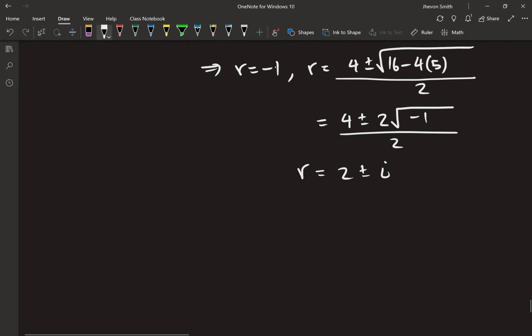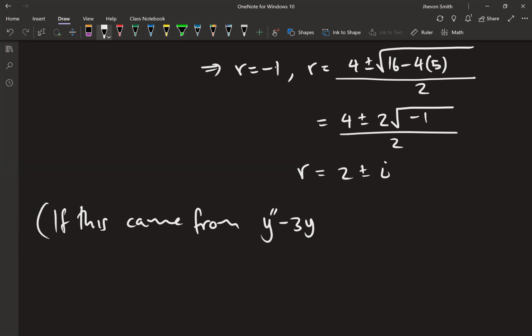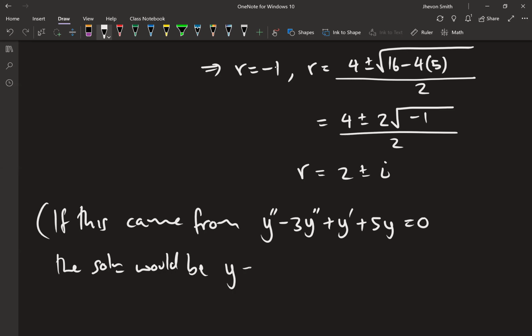So if this came from y triple prime minus 3y double prime plus y prime plus 5y equals 0, the solution would be y is equal to c1 e to the minus t plus c2 e to the 2t cosine t plus c3 e to the 2t sine t.